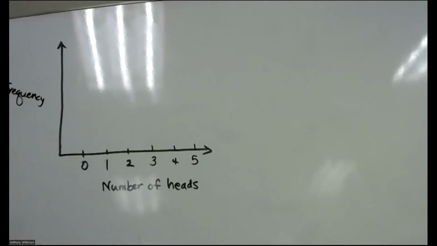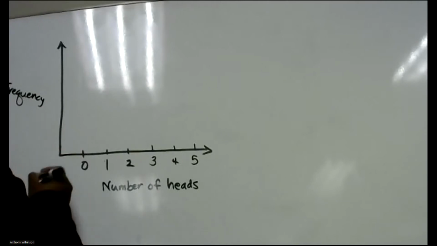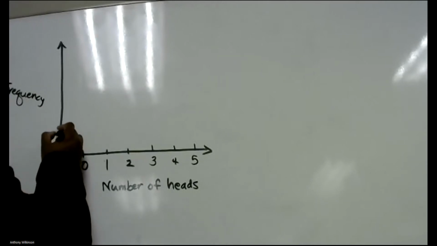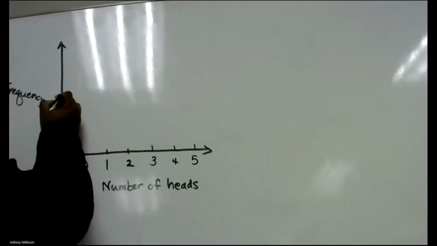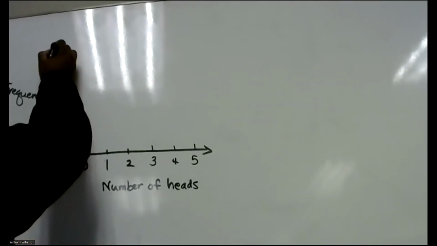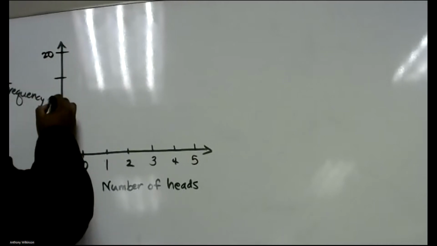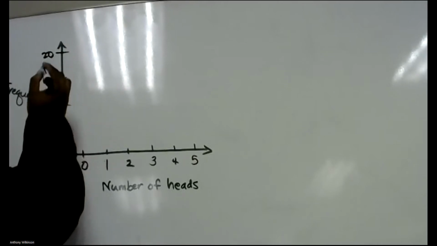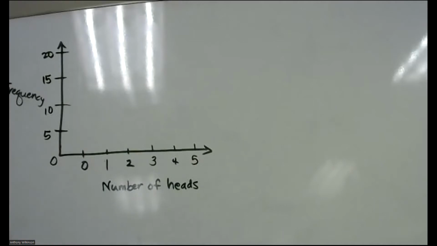In this case, we're going from 0, and then 5, 10, 15, and 20. And from that, we go ahead and draw the bars for this.